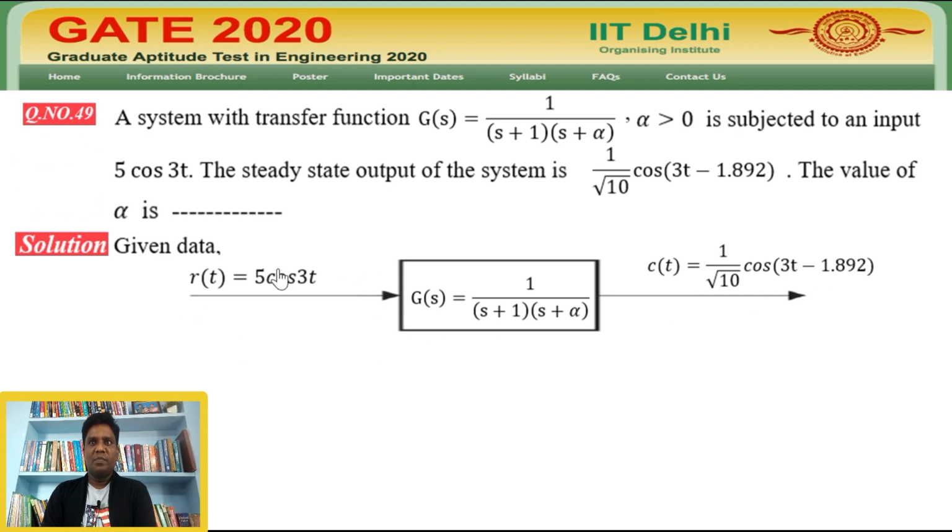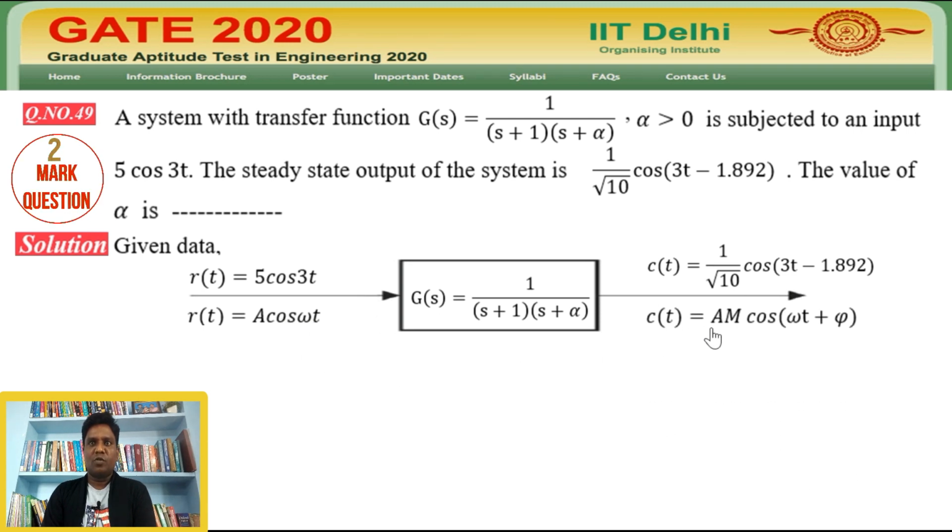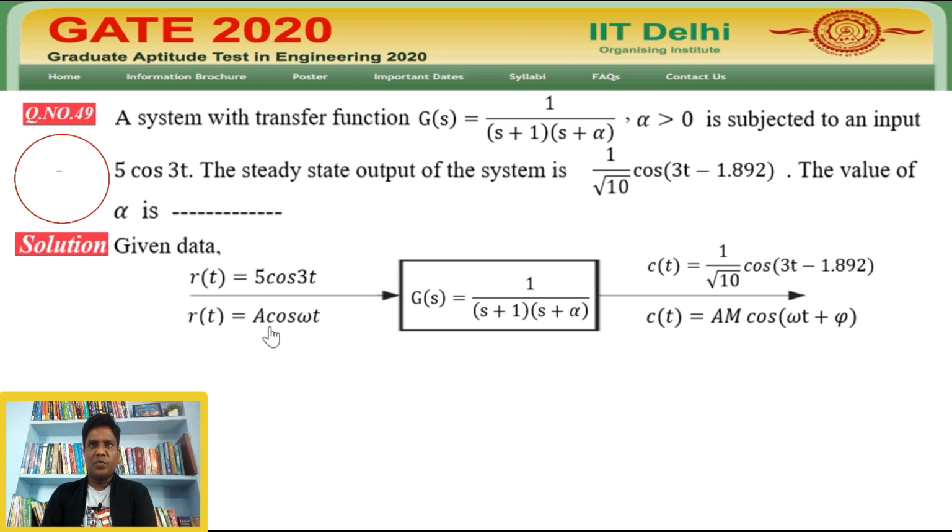Suppose the cosine input applied to the system is r(t) equal to A cos omega t, and it will produce the corresponding output c(t) equal to Am cos(omega t plus phi). From these observations of the input and output of the system, the input magnitude A equal to 5 is changed into the output magnitude Am equal to 1 divided by root 10.